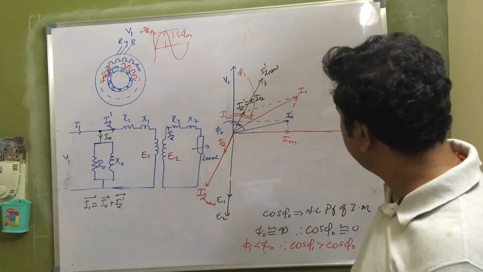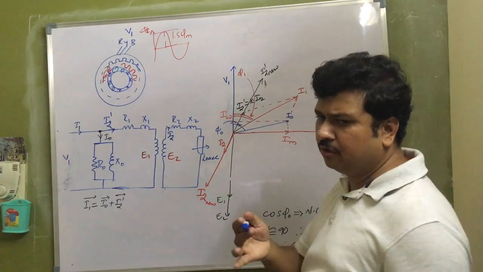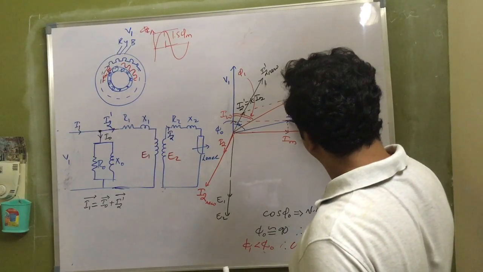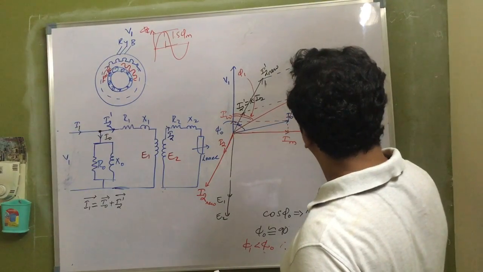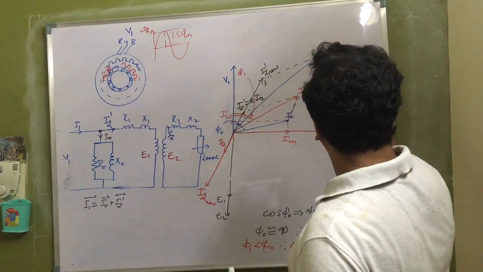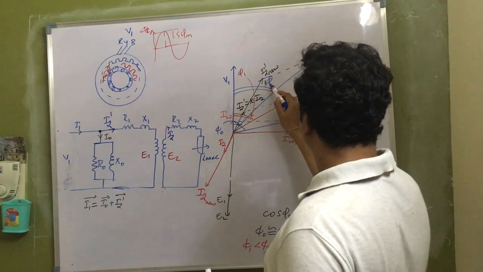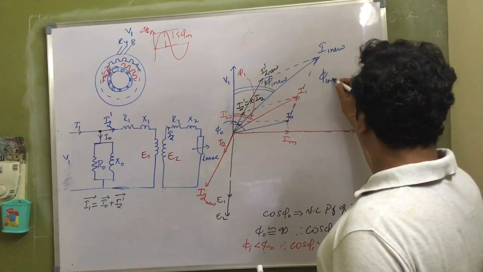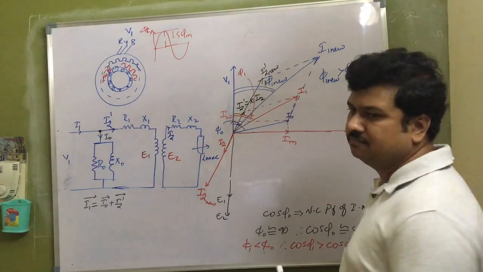So my I1 new will be what? I0 will be the same. I0 will not change. It is the no load current. Now this is I1 new. Now this is the angle phi 1 new. Now phi 1 new is greater than phi 1, which is greater than phi 0.